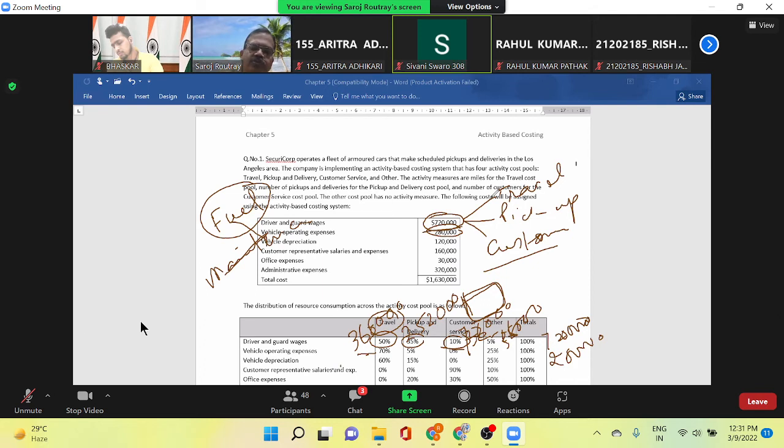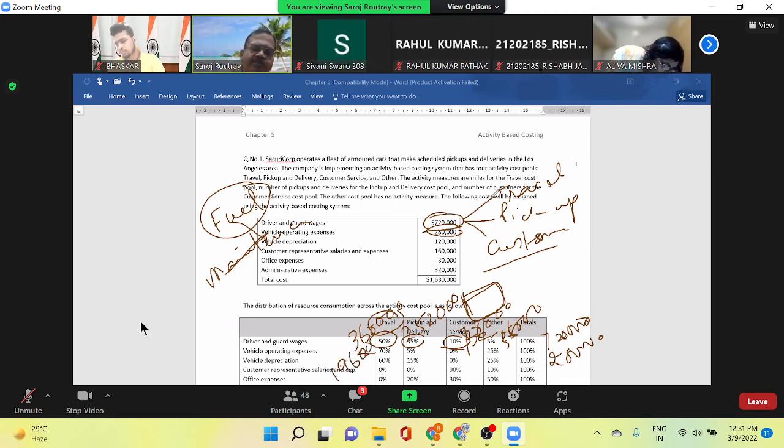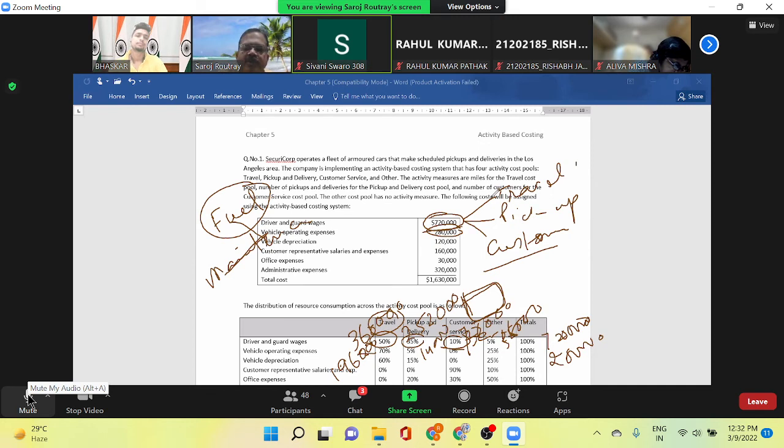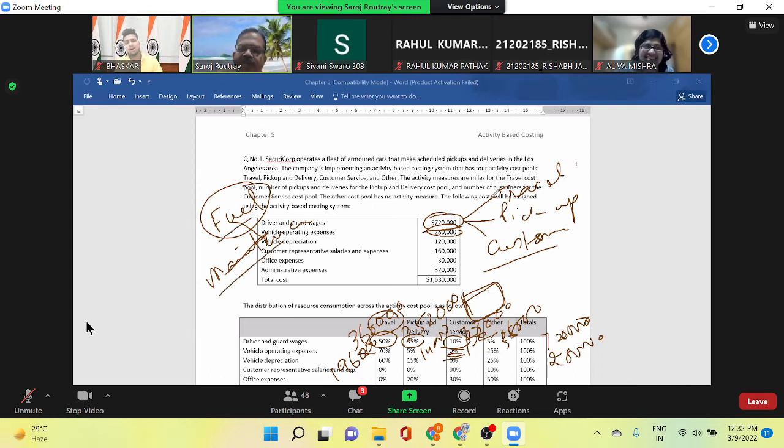70% is coming, 1,96,000. 5% is for pickup and delivery, 14,000. Customer service is 0 because customer doesn't drink any petrol and needs any maintenance. Okay, so 0% is allocated.